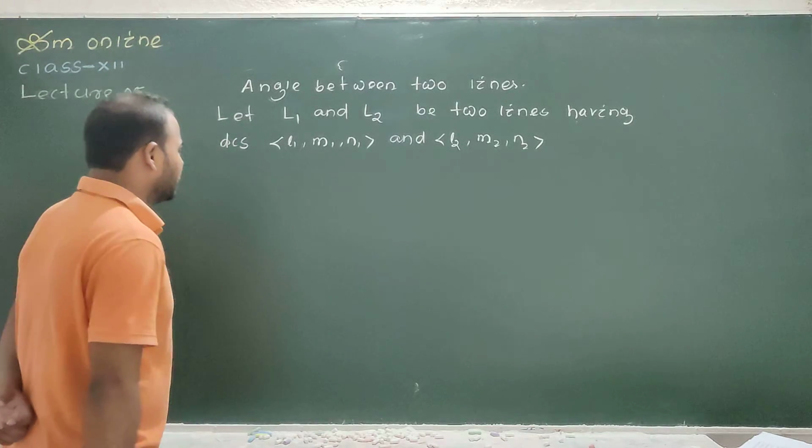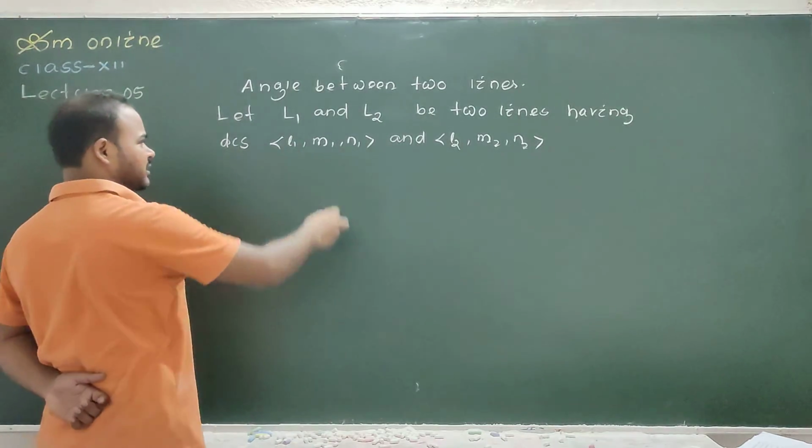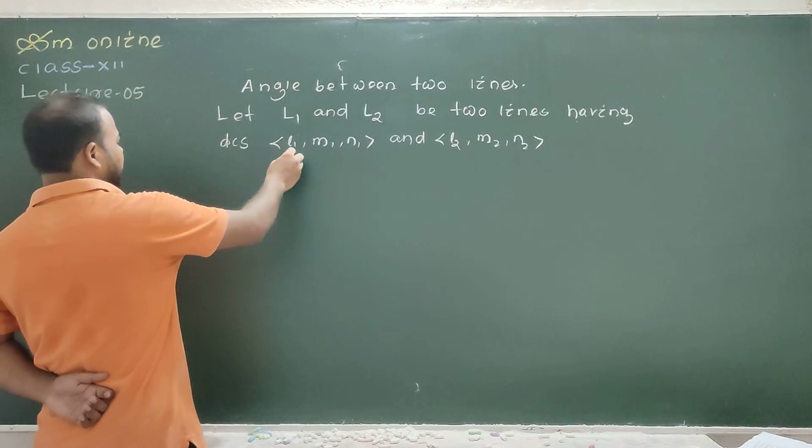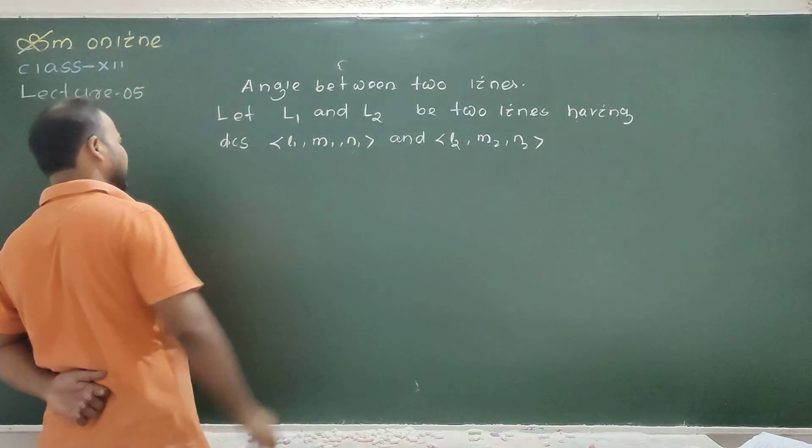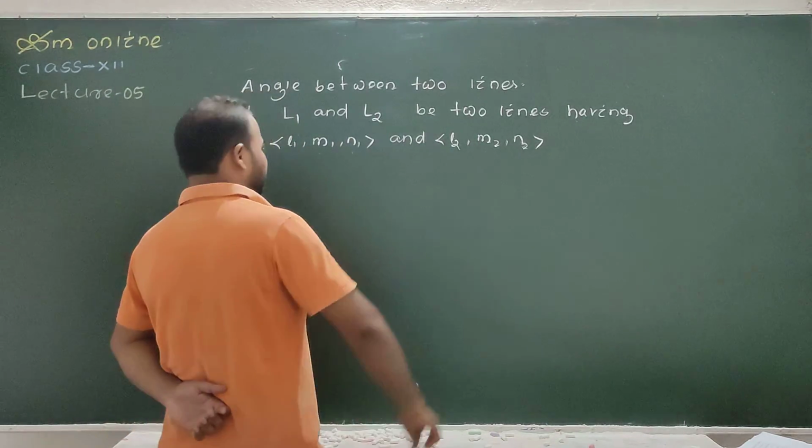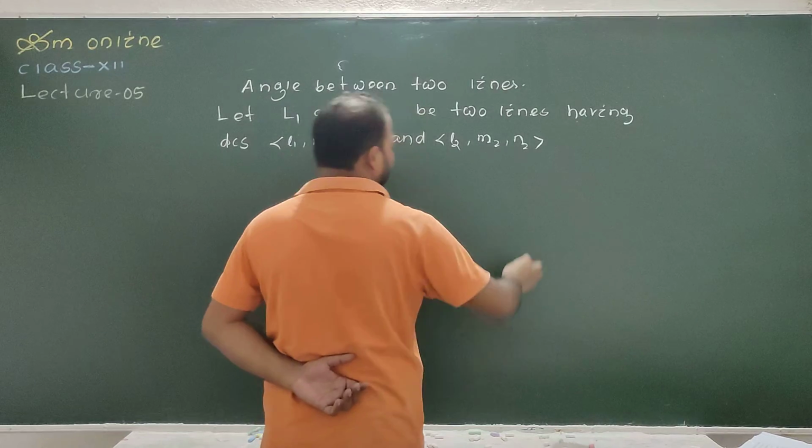The DCS, that is the direction cosines of the L1 line, are L1, M1 and N1, and the direction cosines of the L2 line are L2, M2 and N2.